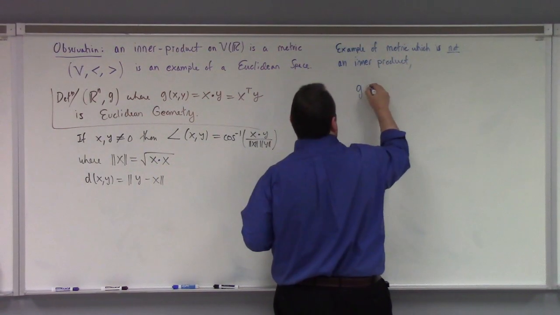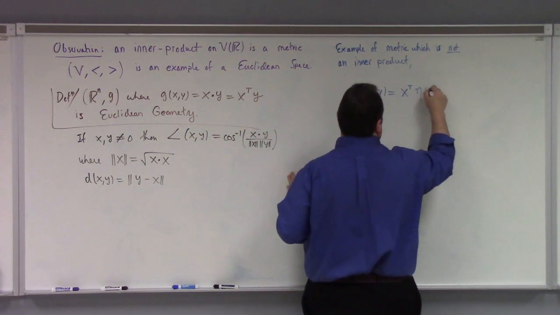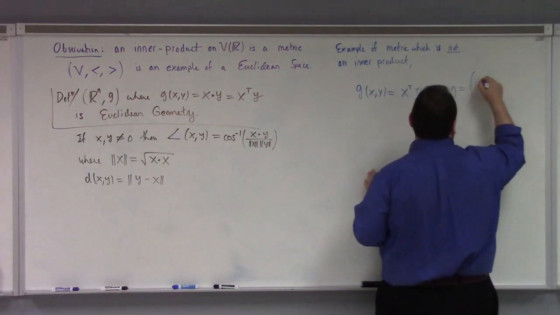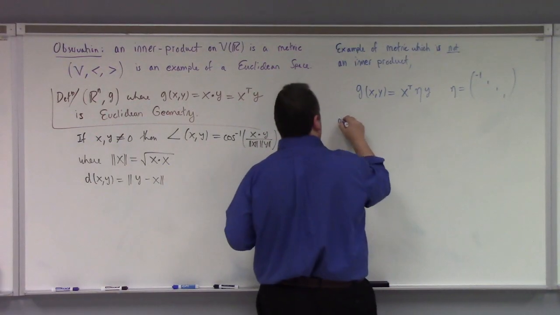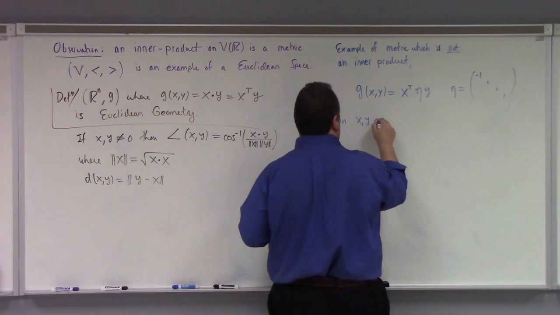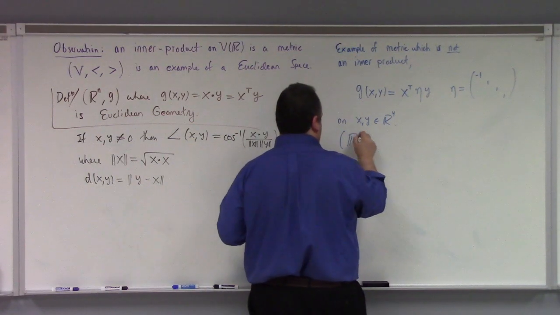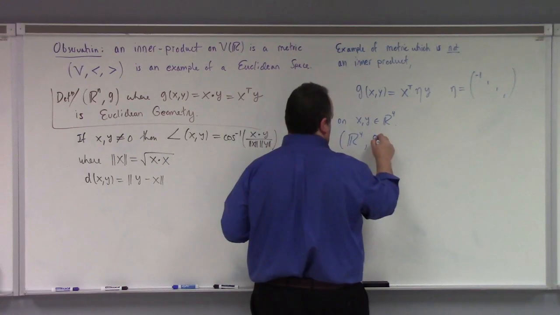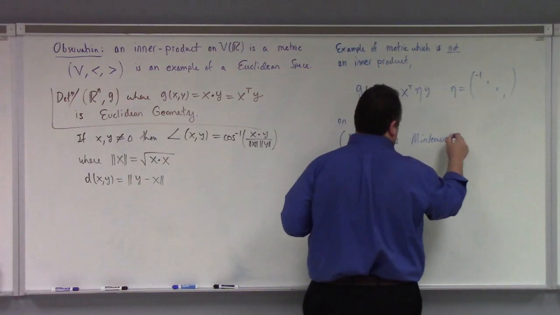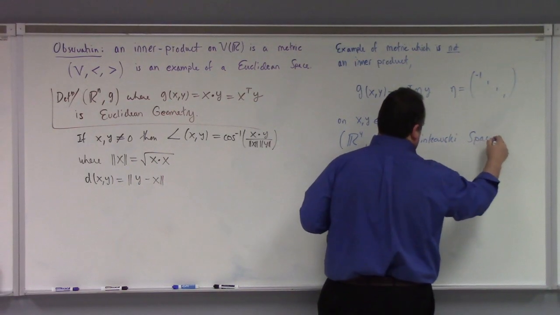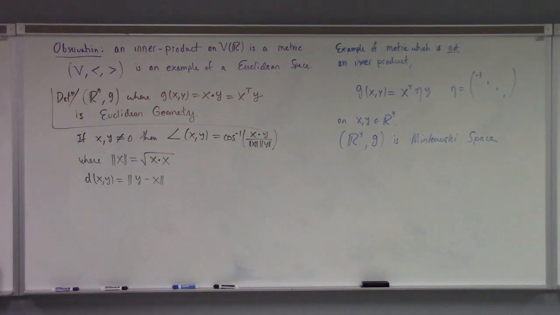We can define g of x, y equal to x transpose eta y, where eta is diag(-1, 1, 1, 1), like that. And here x and y are in R4. So here R4 paired with this metric is Minkowski space. This is the geometry of special relativity.